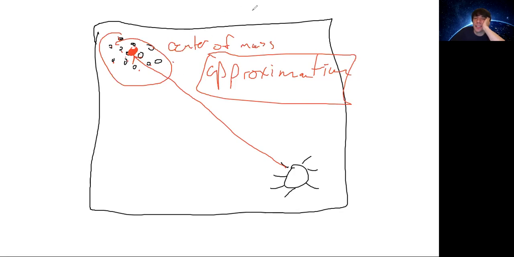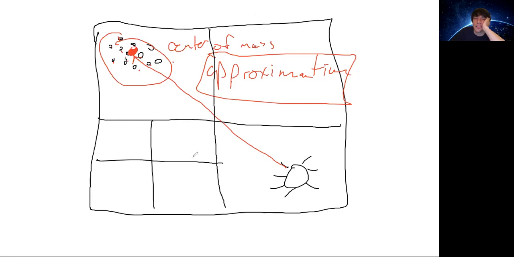And the technique that we'll use to do this is basically we're going to recursively divide space up into quadrants. We'll keep track of all the things in a quadrant, and we'll keep track of the center of mass, the average planet of the quadrant.